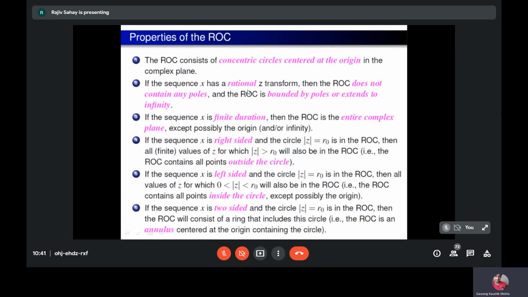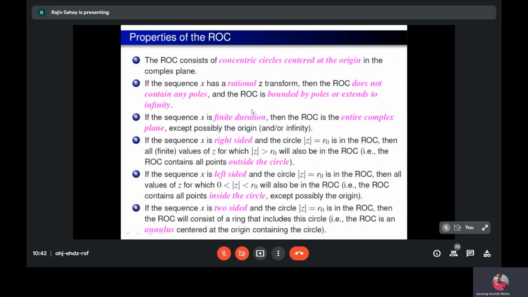If x of n has a rational Z transform, rational meaning something that can be expressed as numerator by denominator, then the ROC does not contain any poles. ROC should not contain any poles. So the ROC is bounded by poles or extends to infinity.